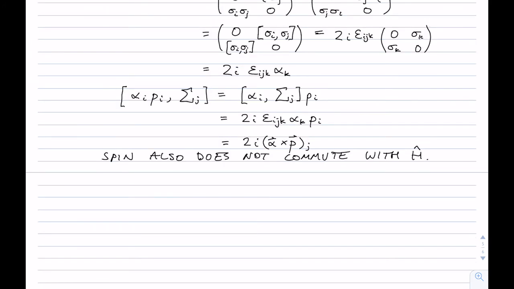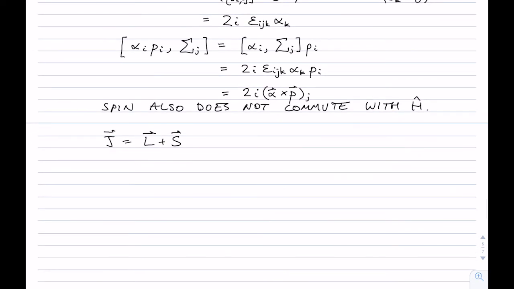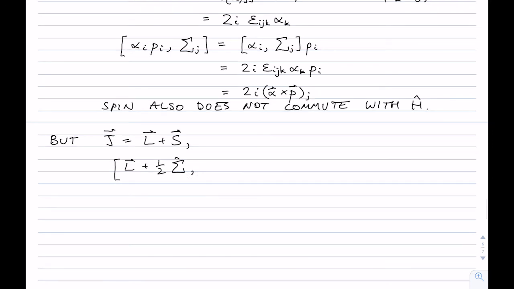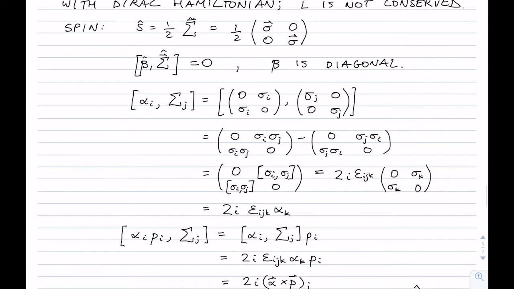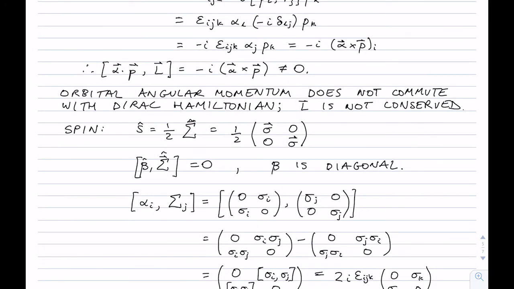But if I put all of that together and I write J equals L plus S, then I can write the commutator of L plus 1/2 sigma with alpha dot p as equal to i alpha cross p minus, getting back up here, where's my angular momentum, minus i alpha cross p.